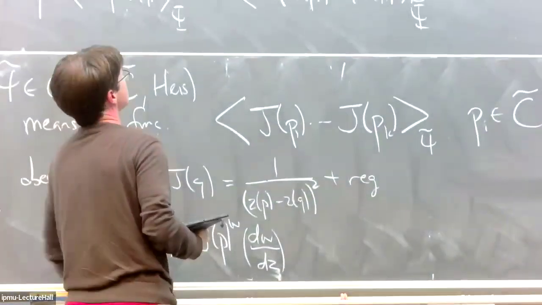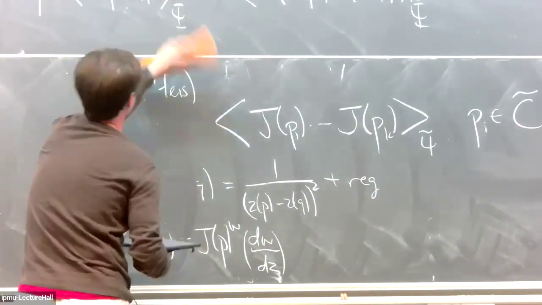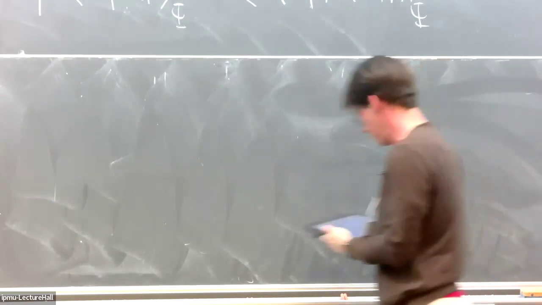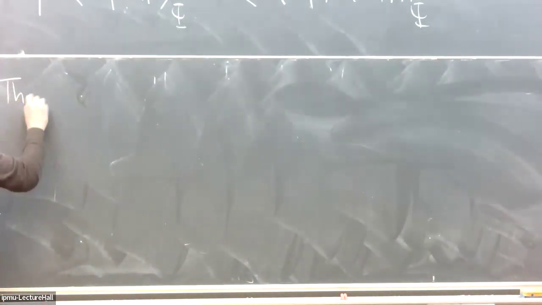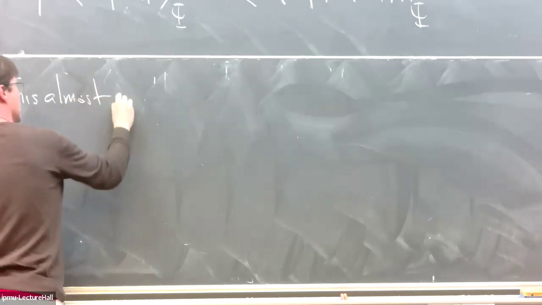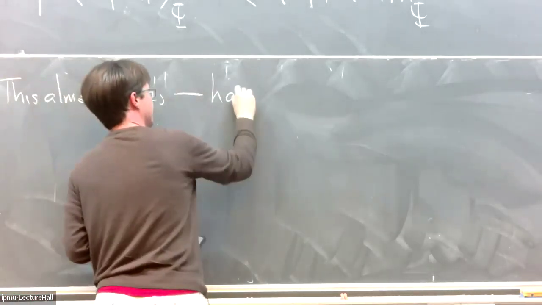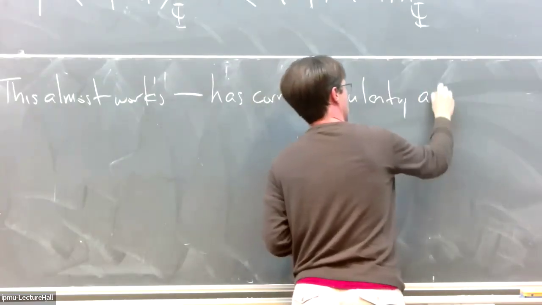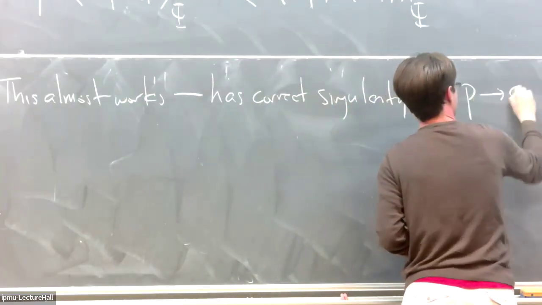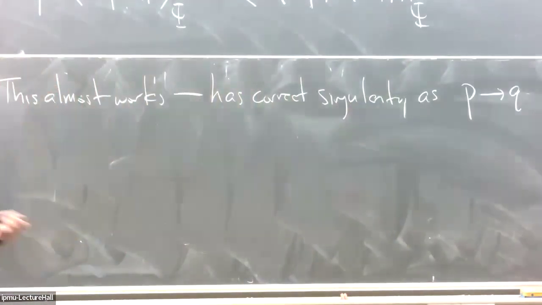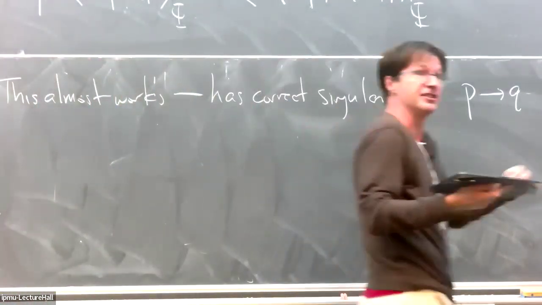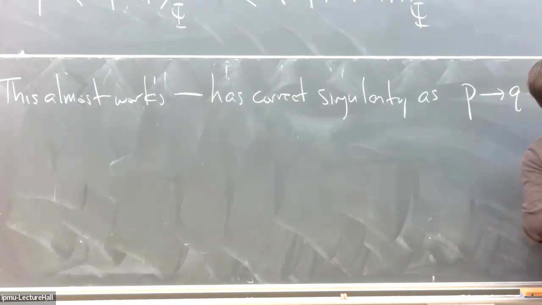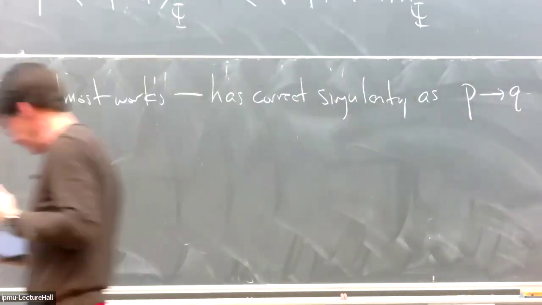So it almost works. In particular, it has the correct singularity as, for example, the point P approaches Q. More generally, if I have 10 insertions and 2 of them collide, I get the expected singular behavior as the 2 points approach each other, with coefficient turning out to be exactly C equals 1.